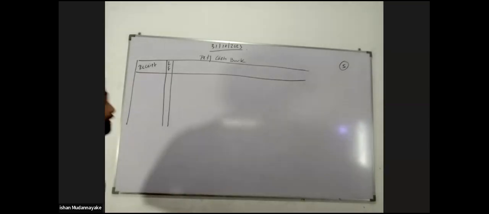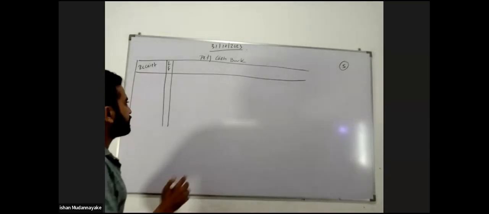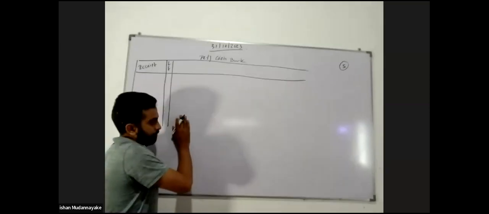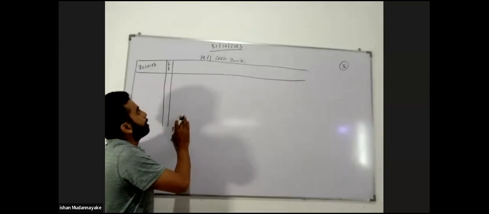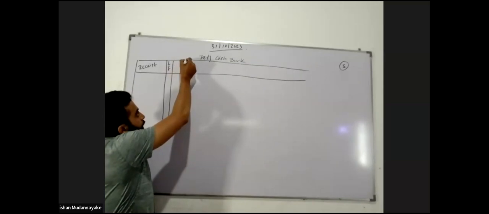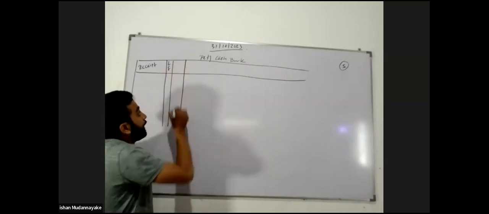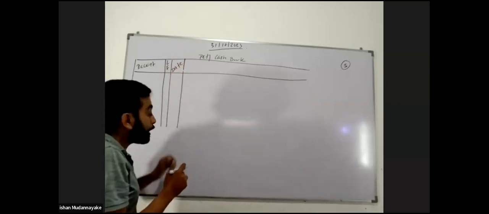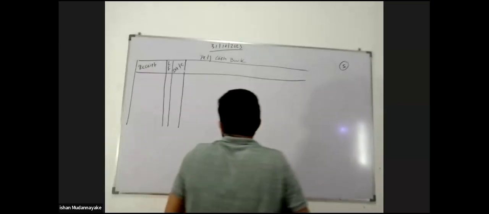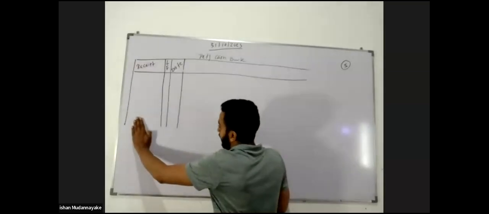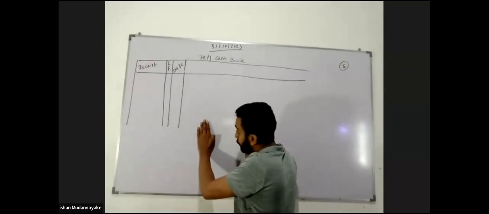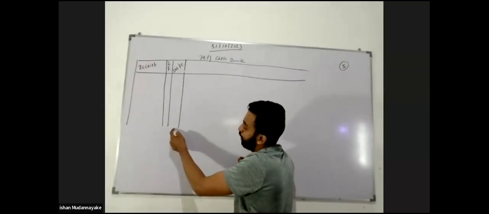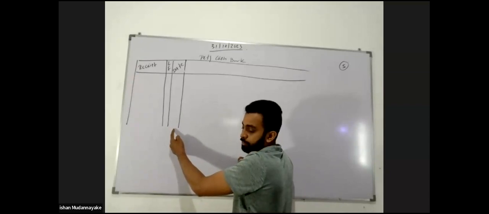Okay, right. And then students, in a petty cash book we need to draw a date column. This date column is applicable for the debit side and the credit side.